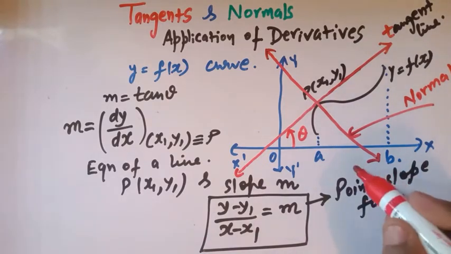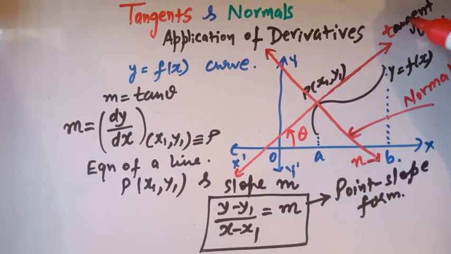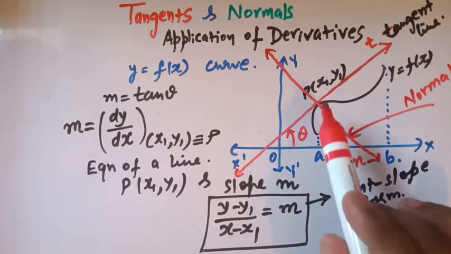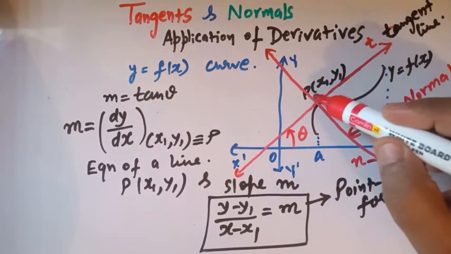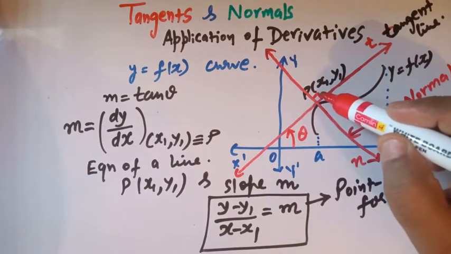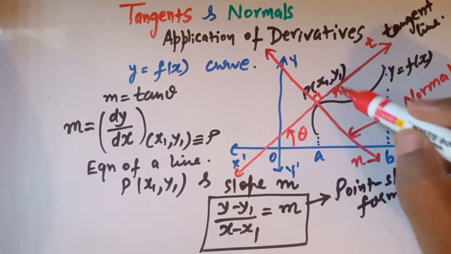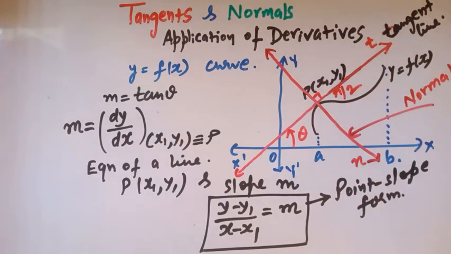So this line, say n, here the tangent line was t. Clear? So we have this normal at this point P, and say this angle is pi by 2. So this angle is pi by 2.